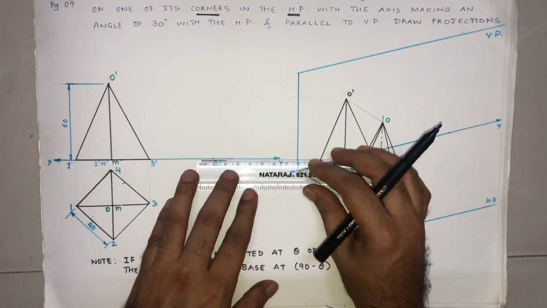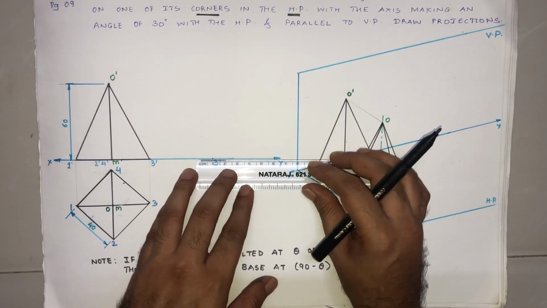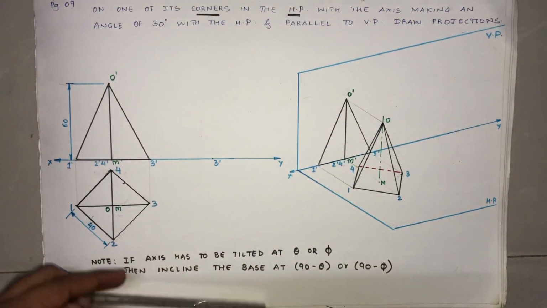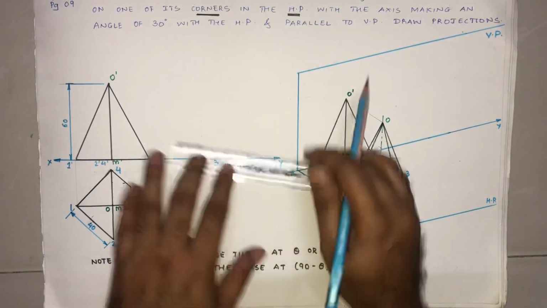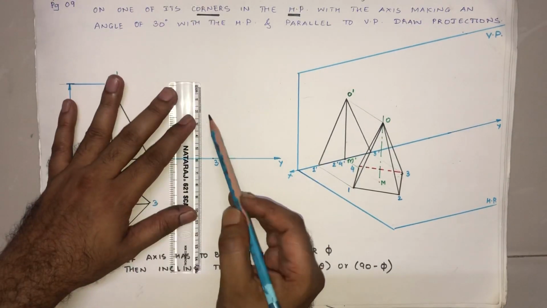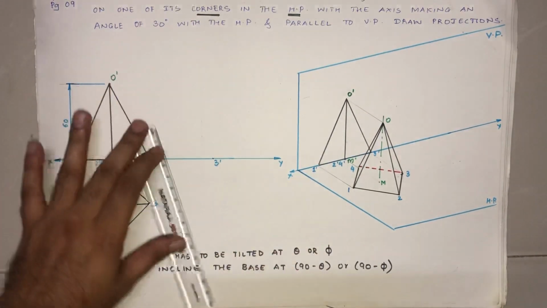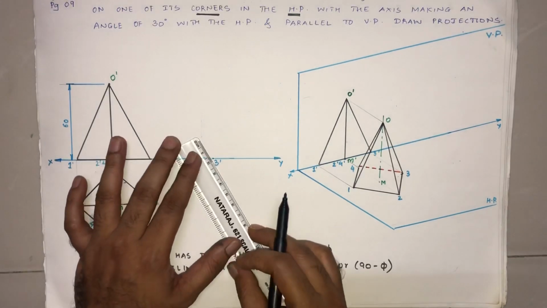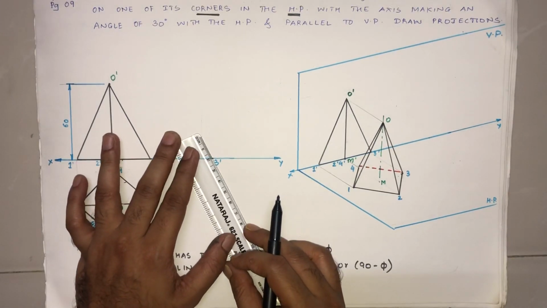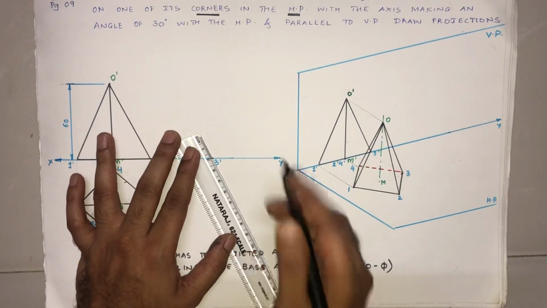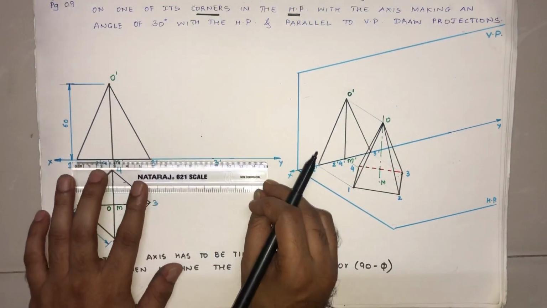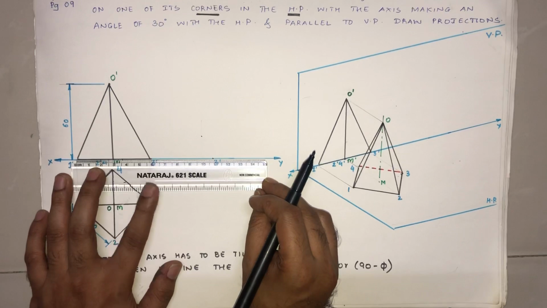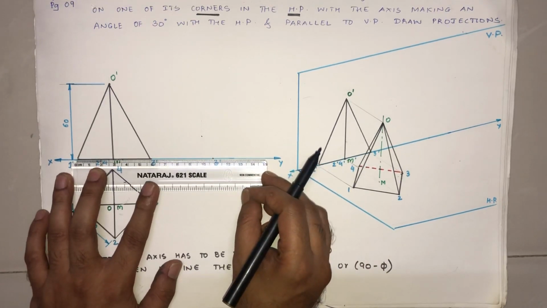So I'm going to take some measurement here. I'm going to use some geometry. I'm taking a ratio of 2 centimeters here. Okay. I'm just drawing 60 degrees. I just measure the base here, but you can use a compass and go ahead with the same.